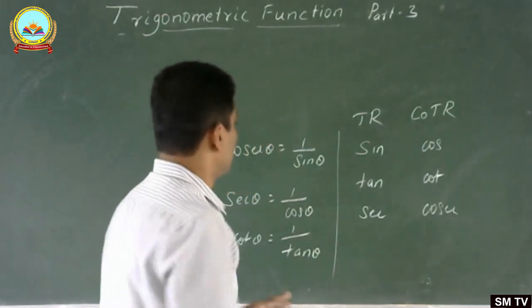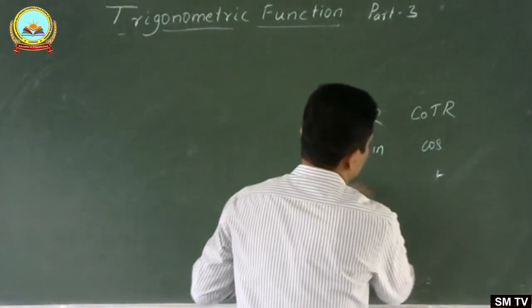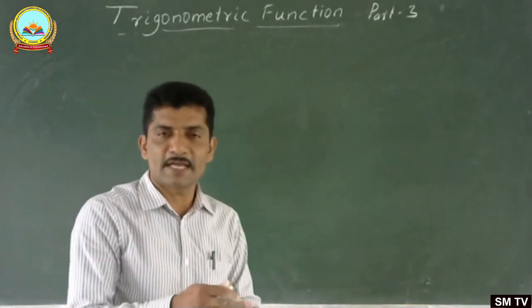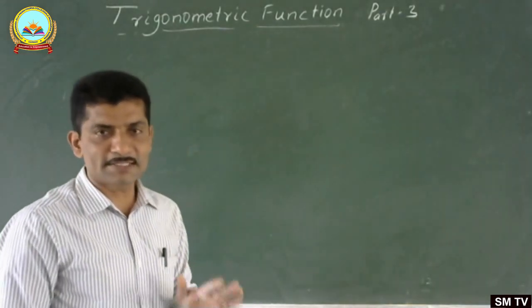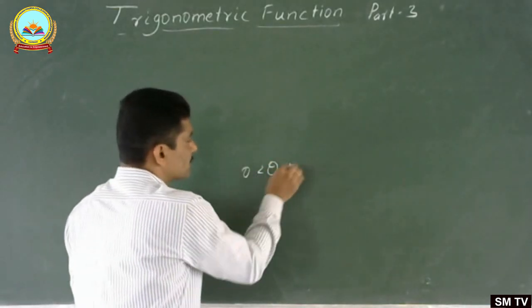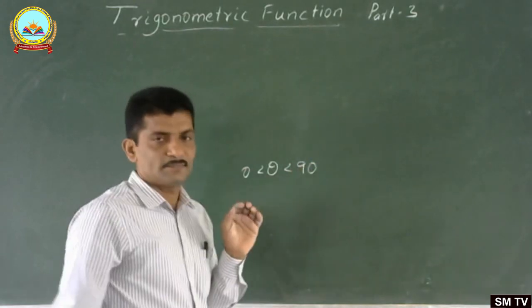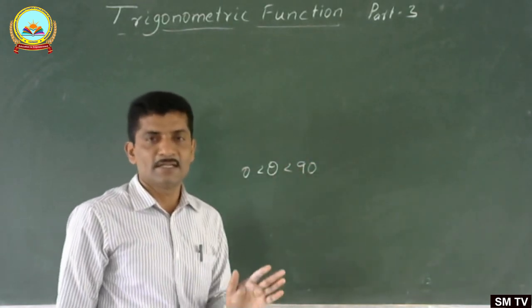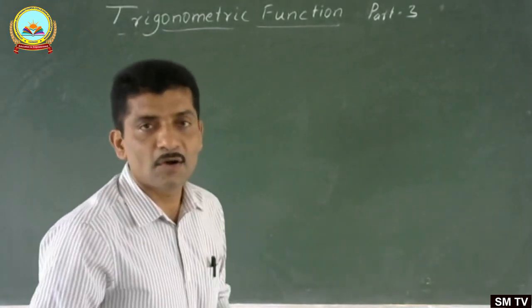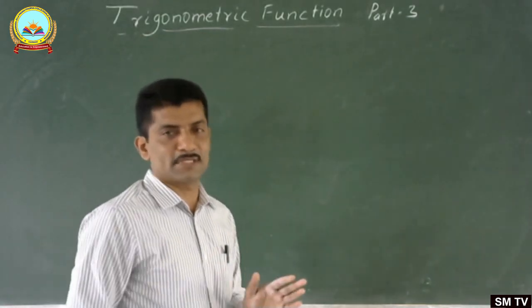Is it clear? In this class, we discuss all trigonometric functions with the help of the unit circle in the general case. All these results are only for theta an acute angle between 0 and 90. Here you are proving or defining them for all real numbers.